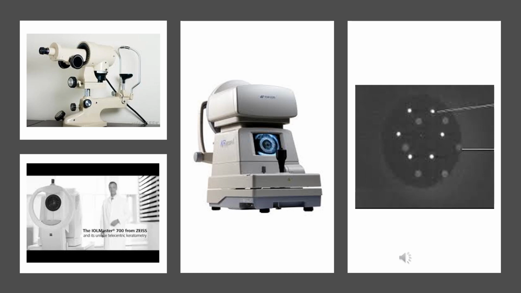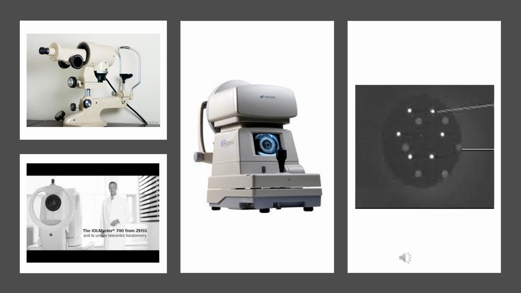Notice here everywhere I'm talking about a ring. I didn't talk about a zone. Measuring a ring means you are generating your K readings only from that ring and not from the zone that is within the ring.